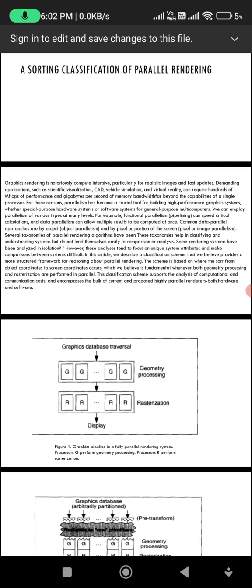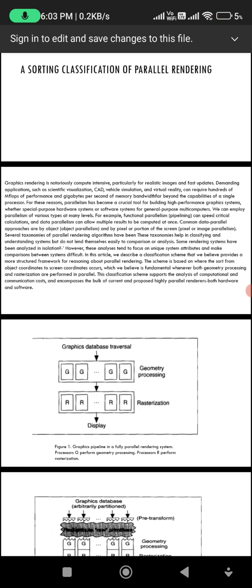However, these analyses tend to focus on unique system attributes and make comparisons between systems difficult.